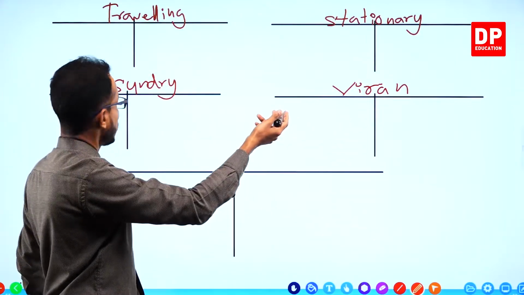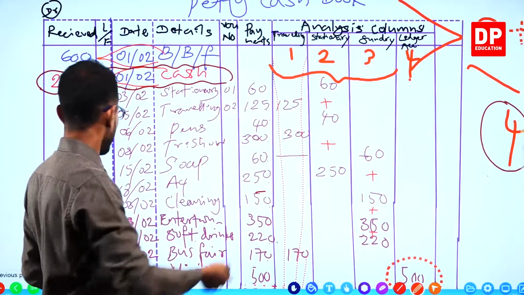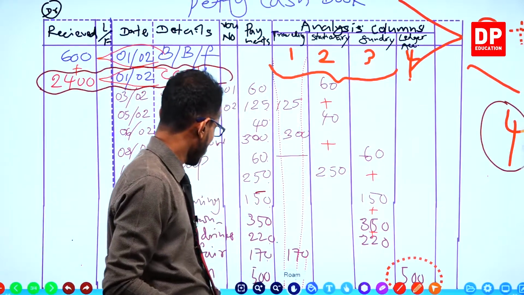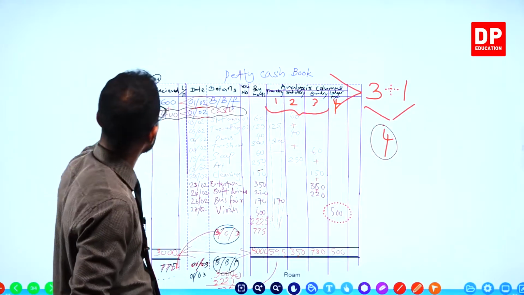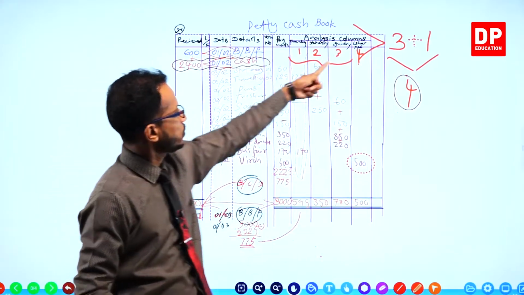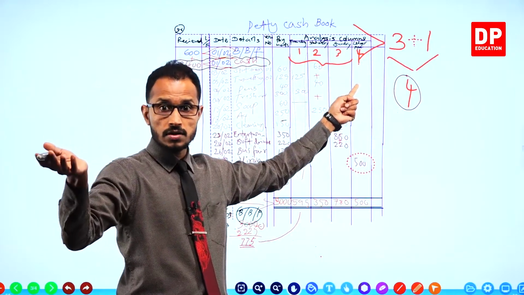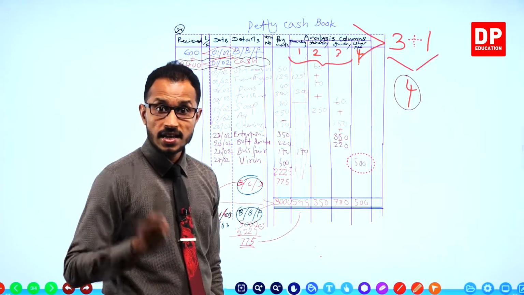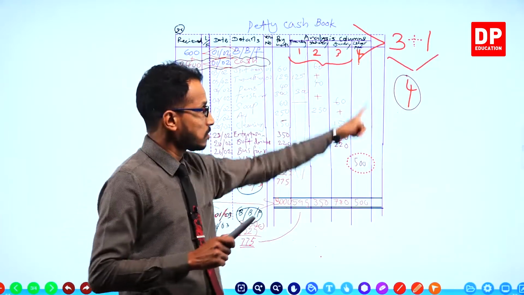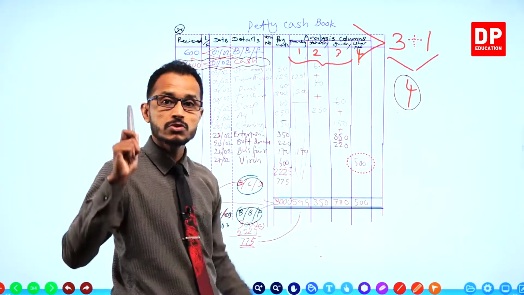As you very well remember, I told you very clearly that for the ledger account column, you don't draw a ledger account called ledger account. For each entry, you should draw a separate ledger account.